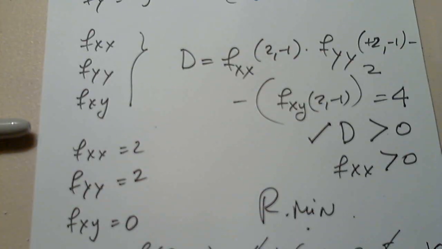So this function f of x comma y at the point 2 comma negative 1 has a relative minimum. How much is the minimum? Negative 10. Good.